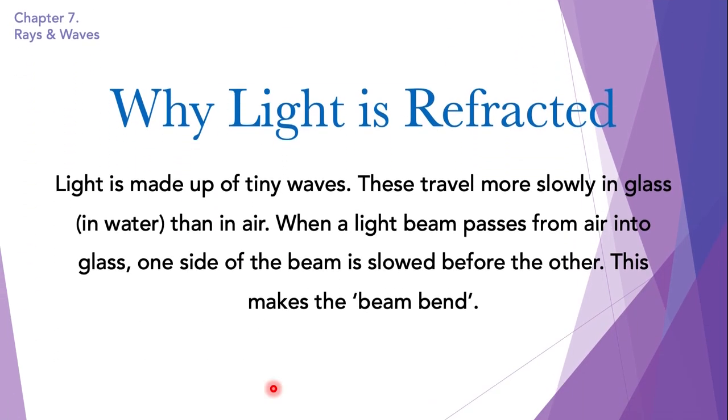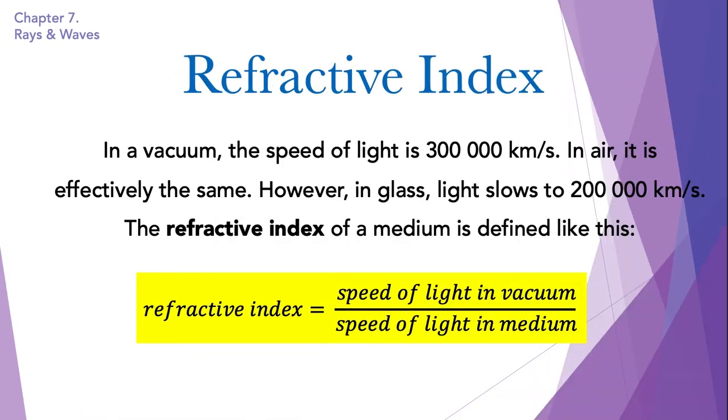So now that we've understood refraction, we're going to look at the refractive index. What is a refractive index? In a vacuum, the speed of light is 300,000 kilometers per second. This is the speed of light, and in air, it is effectively the same. However, in glass, the light slows down to 200,000 kilometers per second.